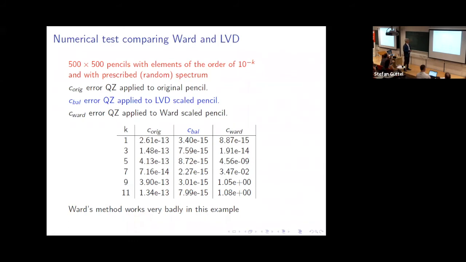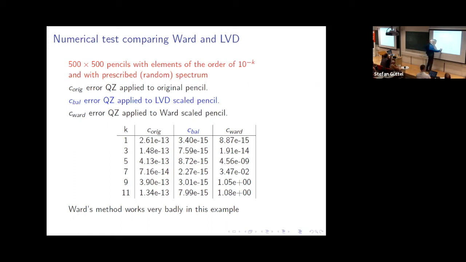And here are some examples. What I show you is the QZ algorithm directly applied to the original pencil without scaling. Then the QZ algorithm applied to the scaled pencil, and we will try to see if this improves. And then also the QZ algorithm applied to the Ward scaling. And here you see the 3 numbers.